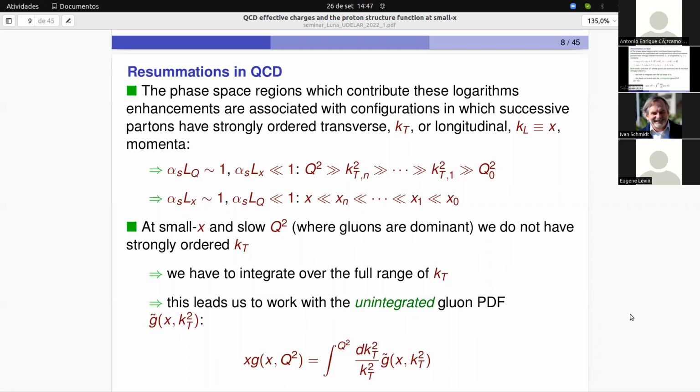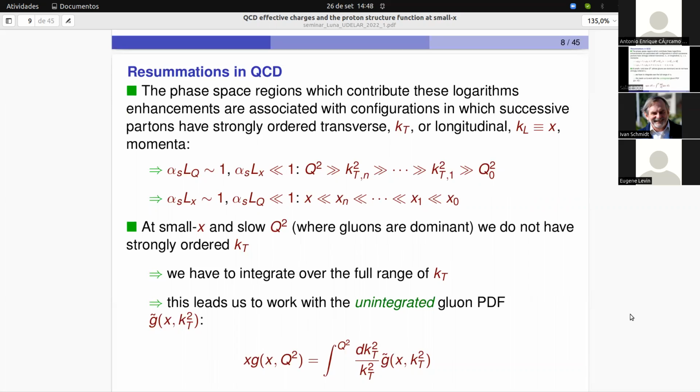So we have some behavior when you look at each of these transverse momenta involved in the process. For example, here the coupling times this logarithm is around 1, and this one is much smaller than 1. So I have this kind of ordering in the x variable.